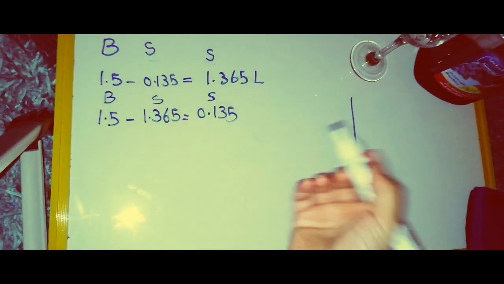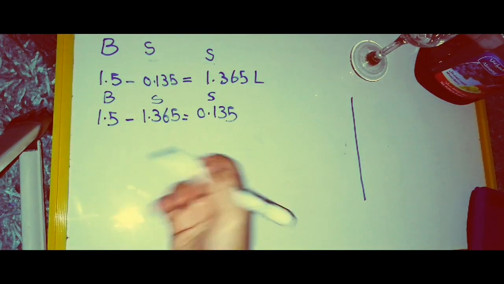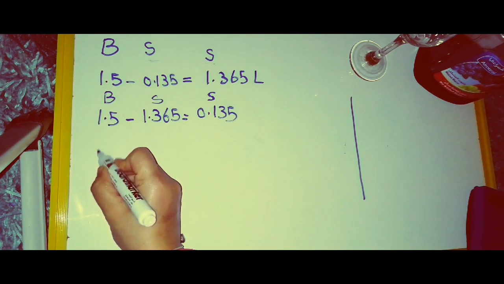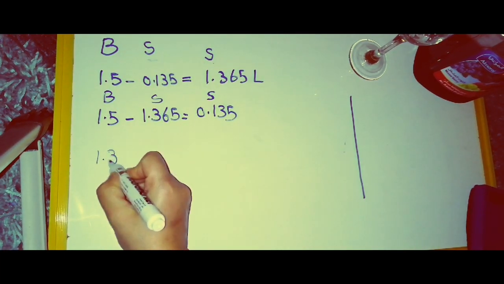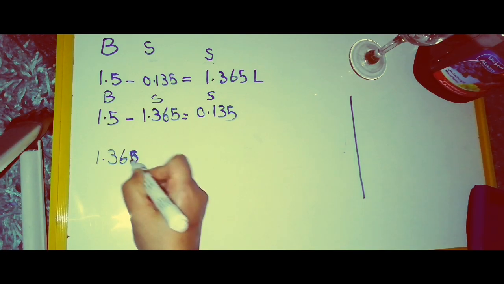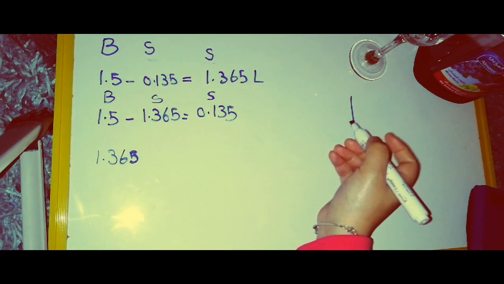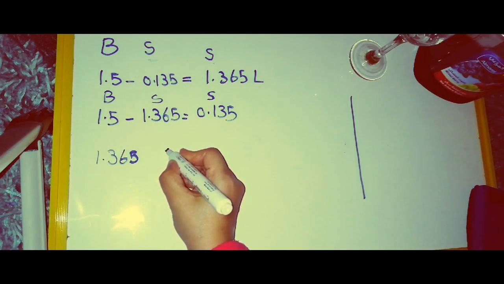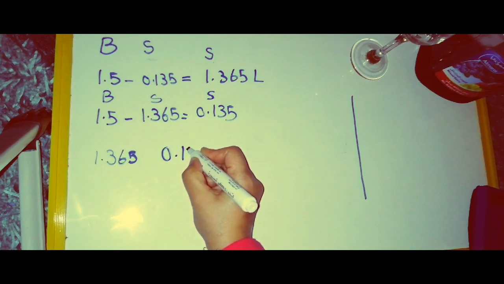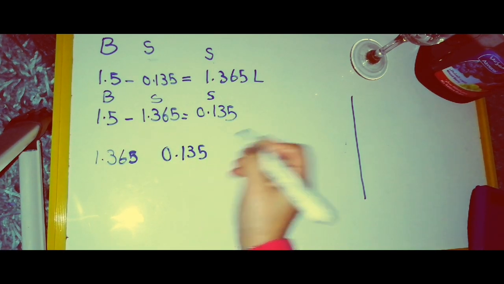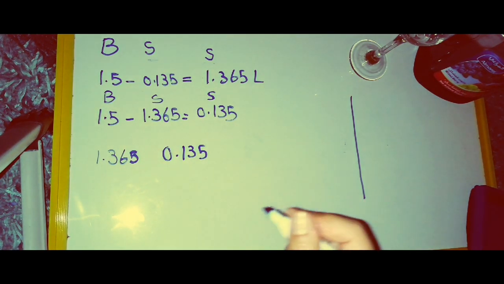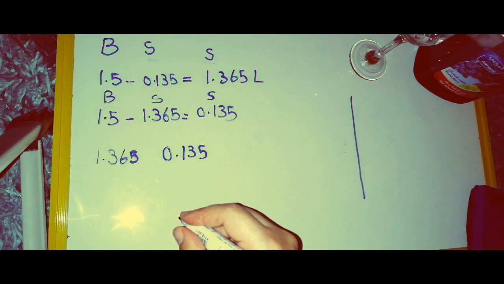Now, if I had another way to say this, that I drank 1.365 liters, and what's left here is 0.135 liters. So how much did I have at the beginning?